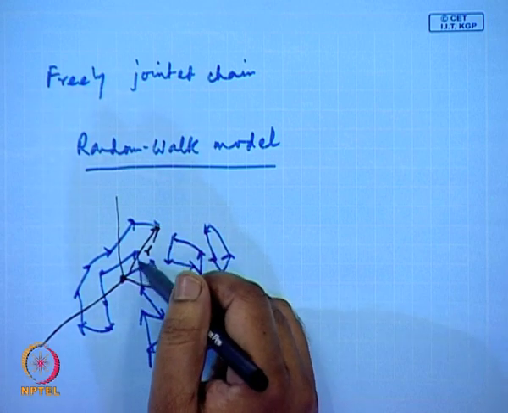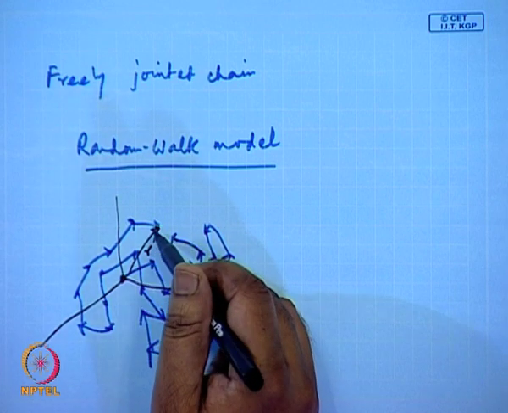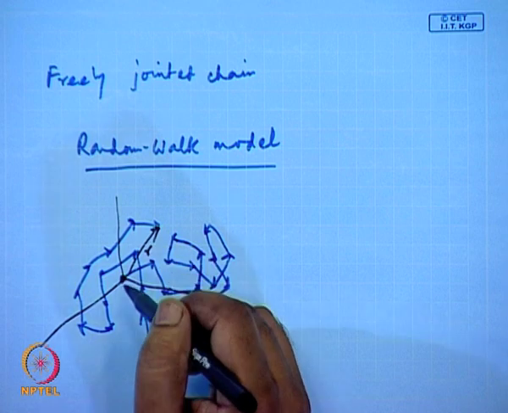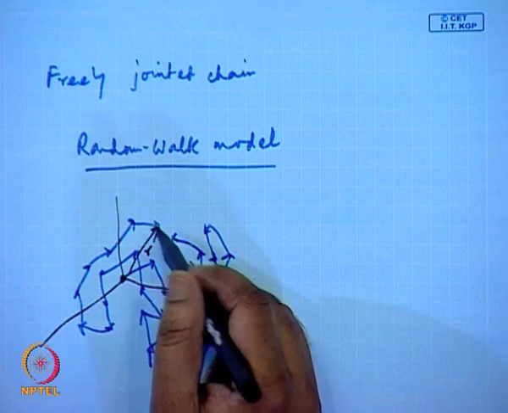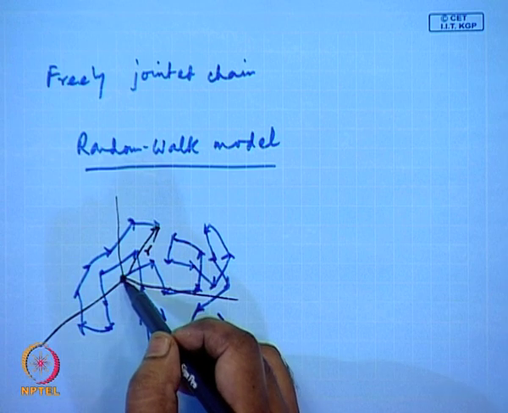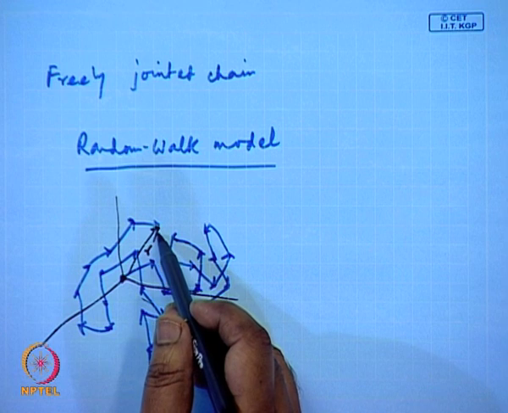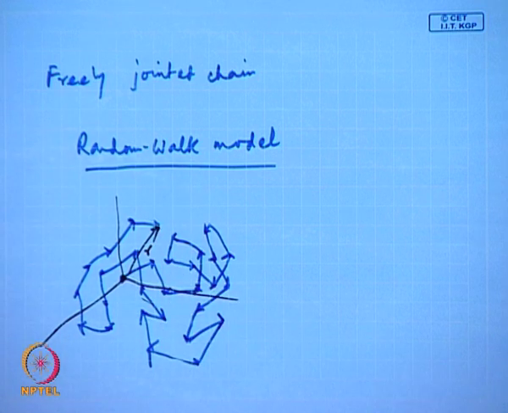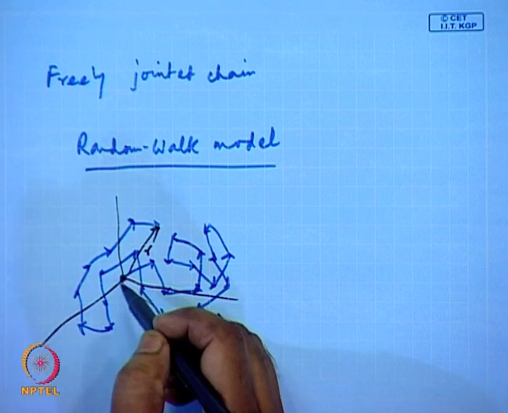What is found is the probability of the other end being at a distance r from the origin.